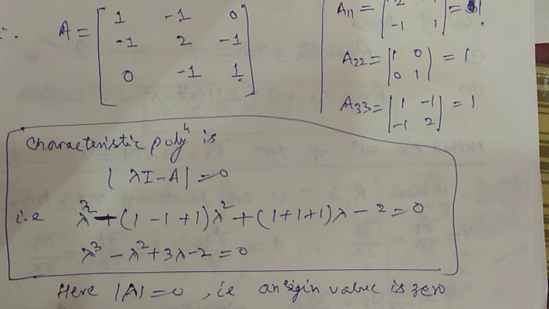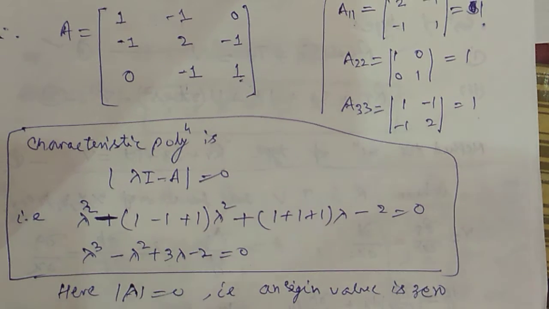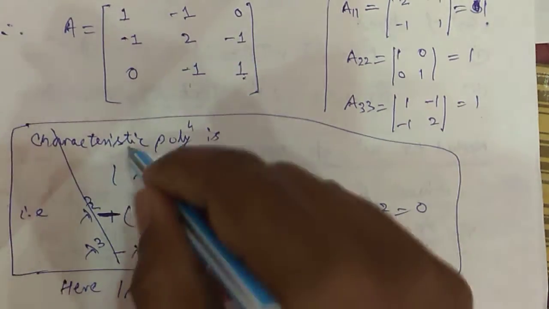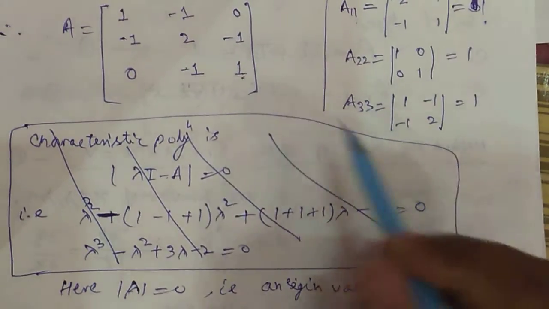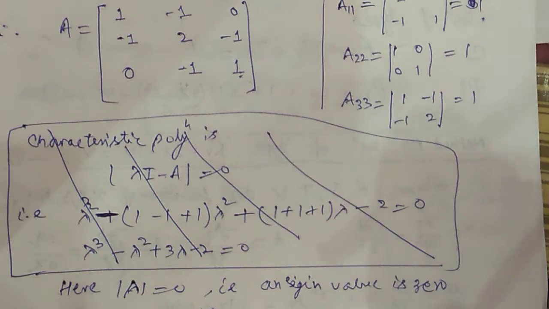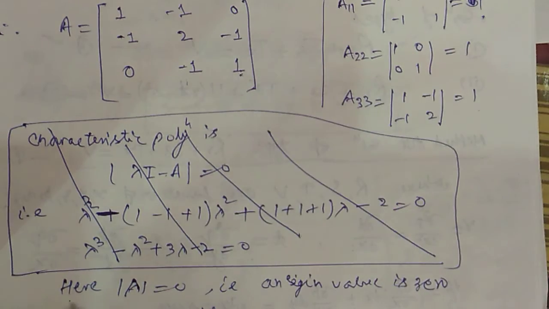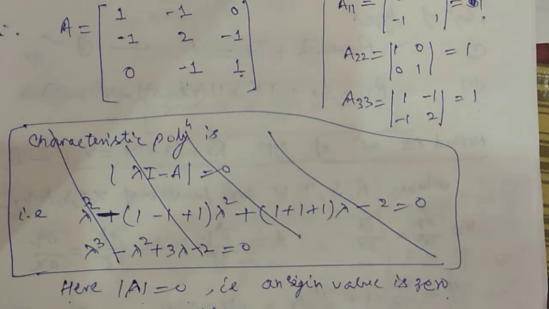Here, note that if an eigenvalue is 0, the partial differential equation is parabolic. No, it is not; that is wrong, because here the determinant is 0. So no need to go ahead. First check whether the determinant is 0. So an eigenvalue is 0, and the partial differential equation is parabolic.